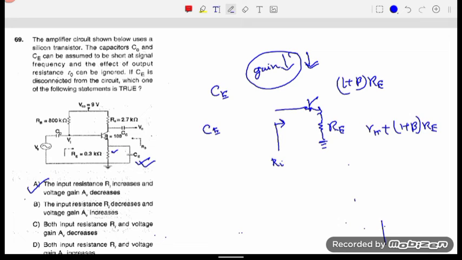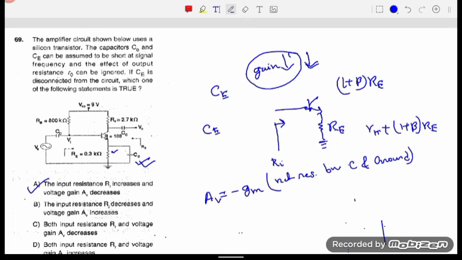Also you should know that the formula for gain AV is minus gm into the net resistance between collector and ground. For this circuit, it is the net resistance between collector and ground.